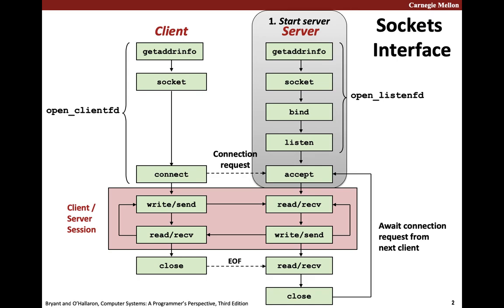Again, this is client-server communication, which means a server has to be listening somewhere for a client to then initiate communication to that server. These are the functions highlighted in gray on the right-hand side that we will be talking about for the server to get into the appropriate state for a client to communicate with it.